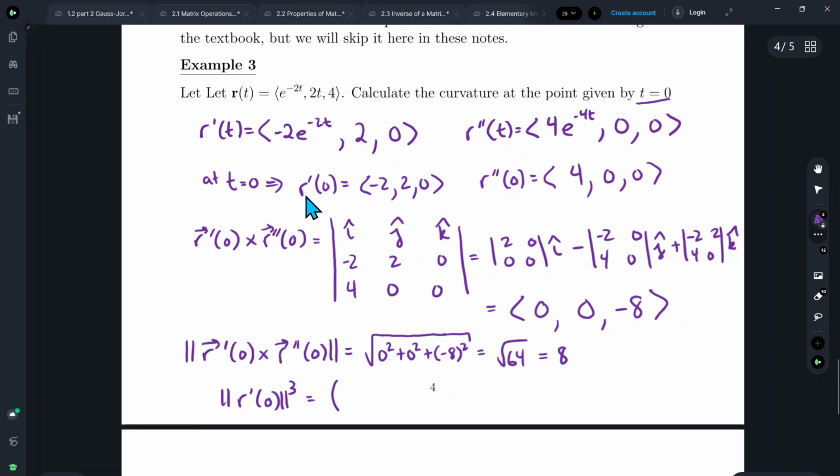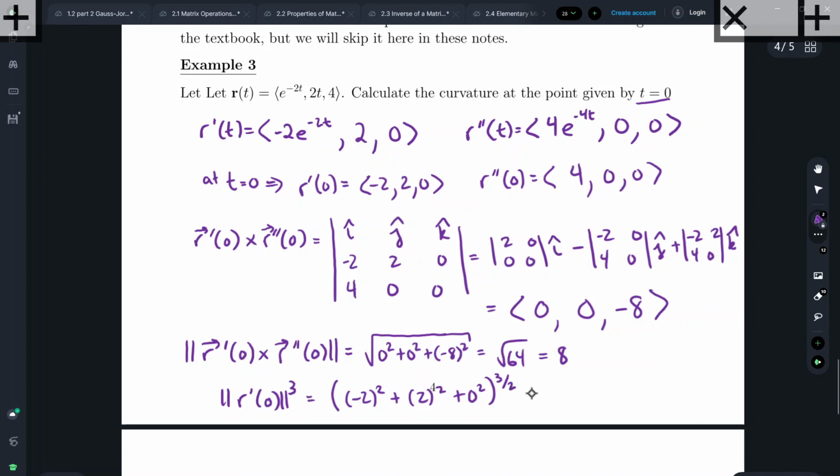So which one is r prime? R prime was this one, so that's negative 2 squared plus 2 squared plus 0 squared. And then again, you have this third power, but the magnitude also has the square root, so that means 1/2 power. So you have this thing raised to the 3/2. So what's inside? This is 4 plus 4 is 8. So this is 8 to the 3/2 power.